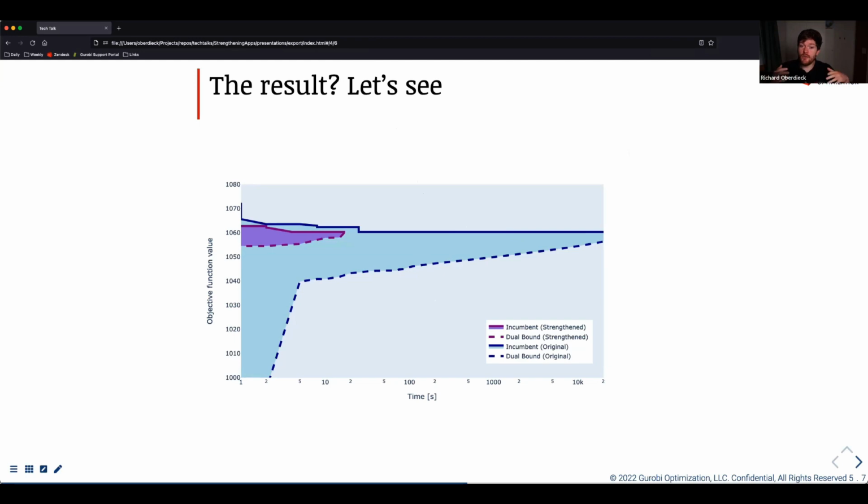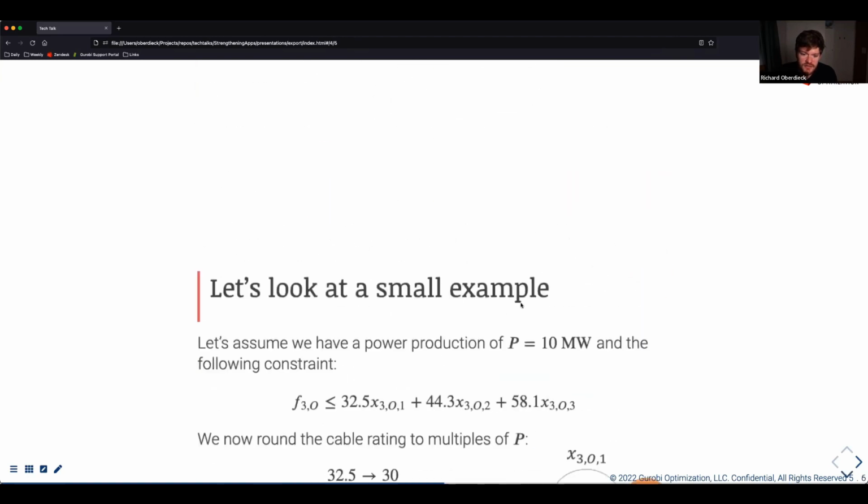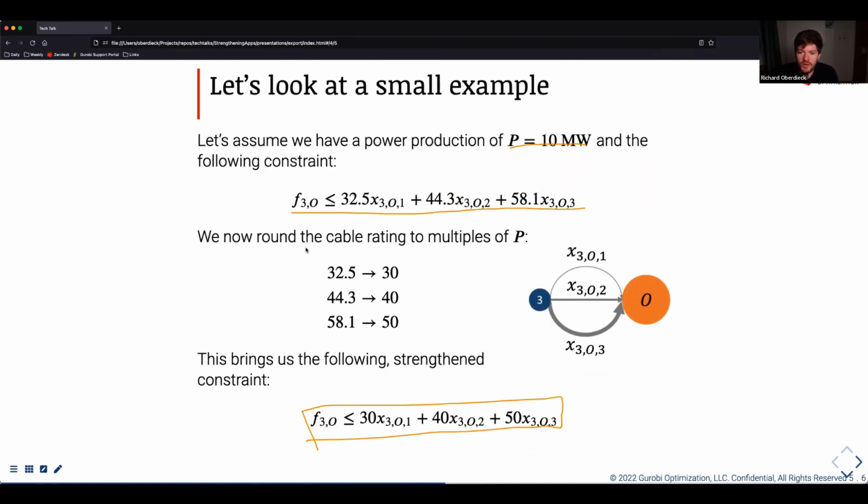So if you were to, for example, implement this strengthening in your code, you say, well, always round, and then suddenly your wind farm developer says, you know what, I want to build 2 different turbines in my park. I want to have one that has 10 megawatt and I want to have one that has 12 megawatt. Then this rounding will be different because you can only go by the smallest common denominator. So this really is based on a specific idea.